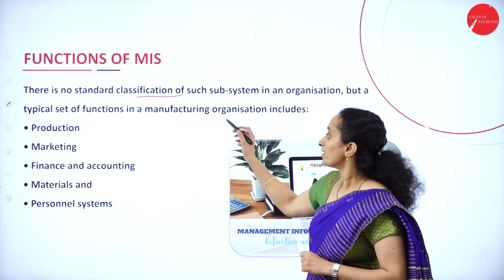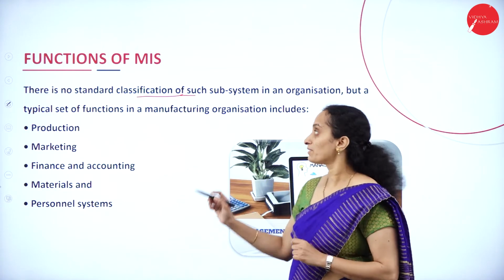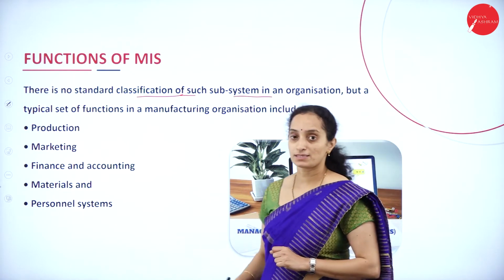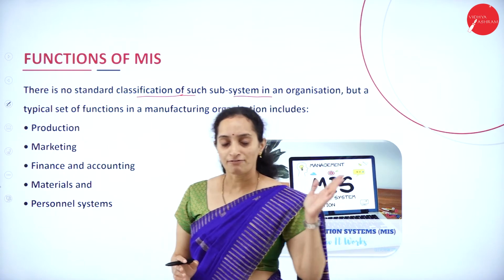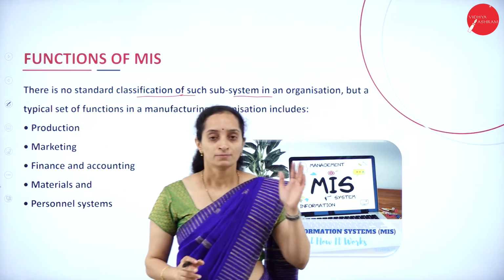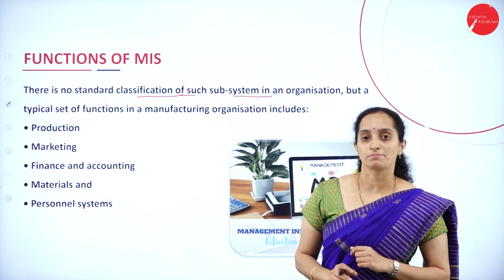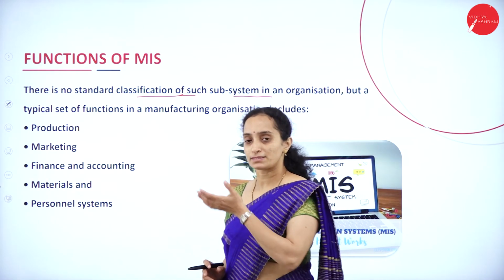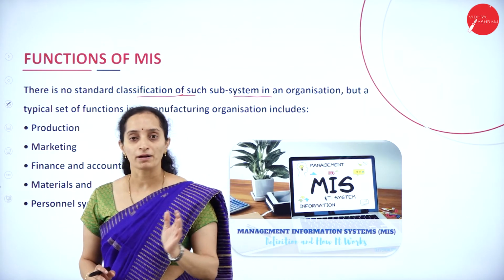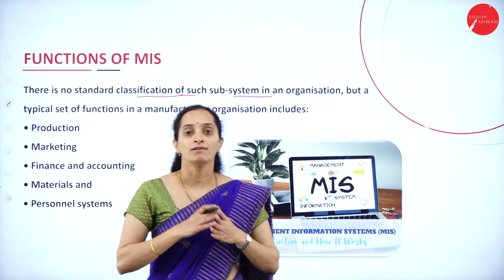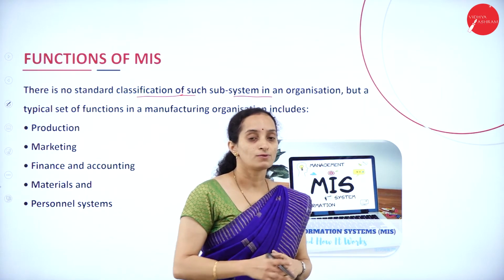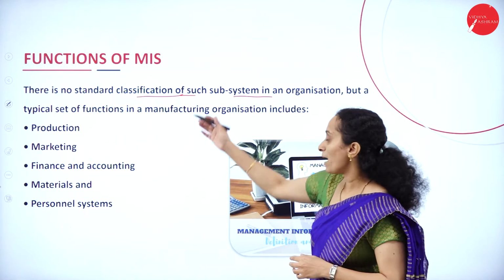That means there is no clear classification of the subsystem. You can't fix that every industry must have a marketing department. Every industry must have a production department. Every industry must have suppliers. Every industry must have the customer list. All those things are not mandatory.